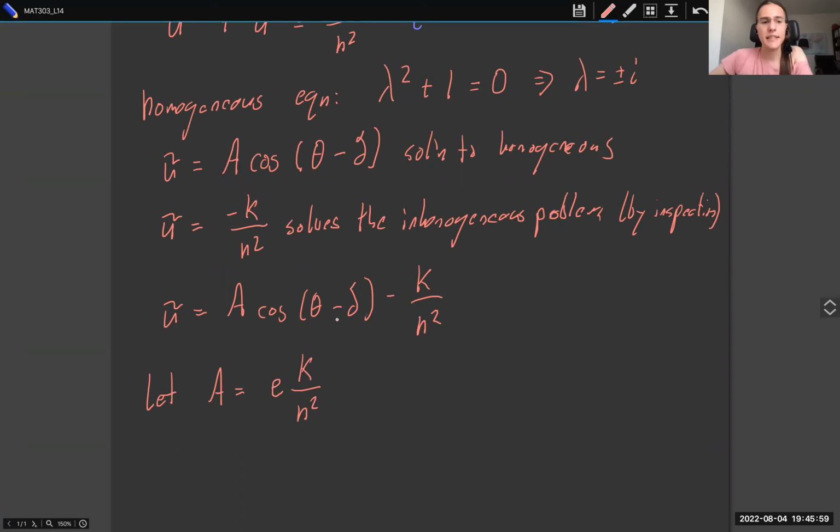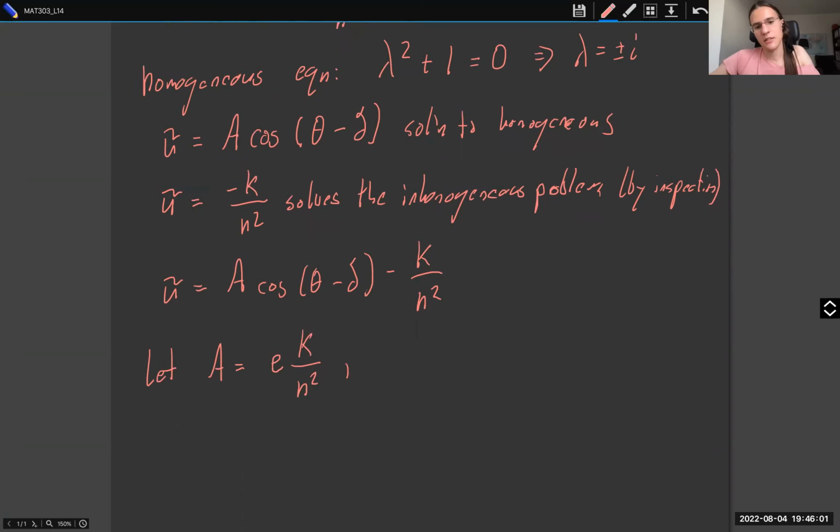So then u tilde is equal to k over h squared. You know what? Negative this.